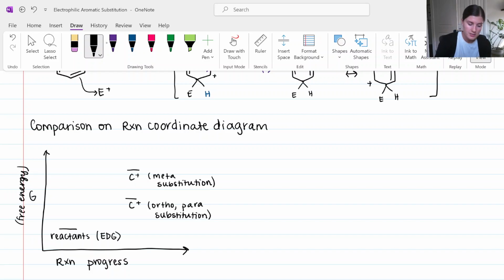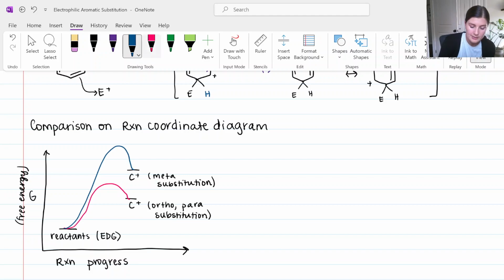So our intermediate is lower energy. That also means that we can reach that intermediate with less energy, so a lower activation energy. And that's really what makes this a faster reaction, is that we have a lower activation barrier to overcome.